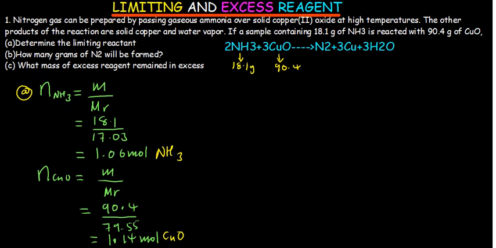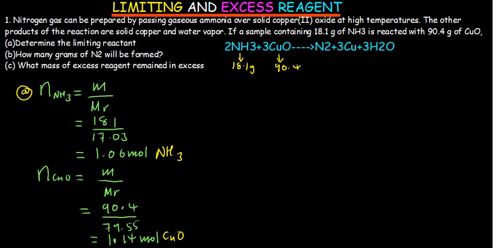When we use this mass of ammonia, how much nitrogen are we going to produce? And when we use this mass of copper oxide, how much nitrogen are we going to produce? In this case I'm not going to use mass, but the moles. So we want to determine the number of moles of nitrogen that we are going to get if we use either of these two.